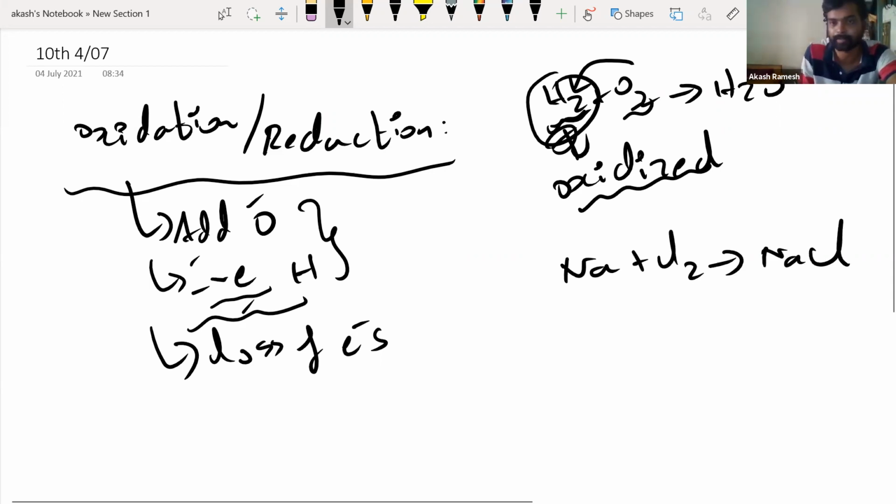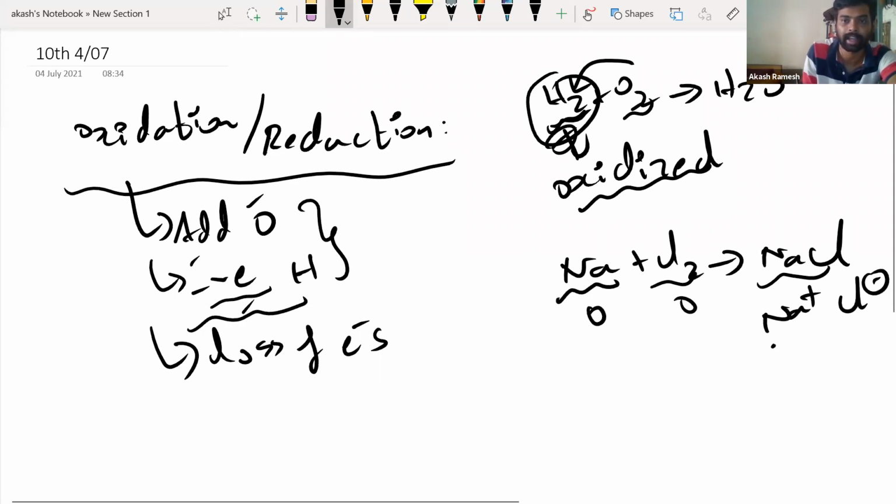Very simple reaction. Now you see sodium in its elemental state, that means its charge is 0 here. There's no charge on sodium, there is no charge on chlorine, 0 again. But if you go for NaCl, you know what I have in NaCl. I have Na+ ion and Cl- ion.